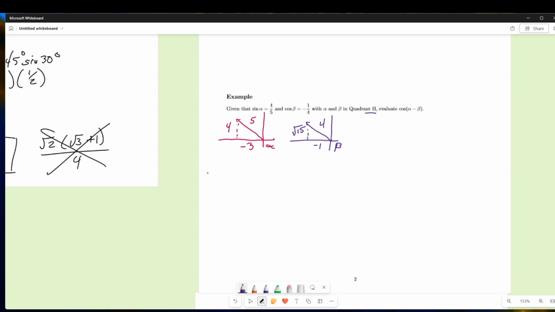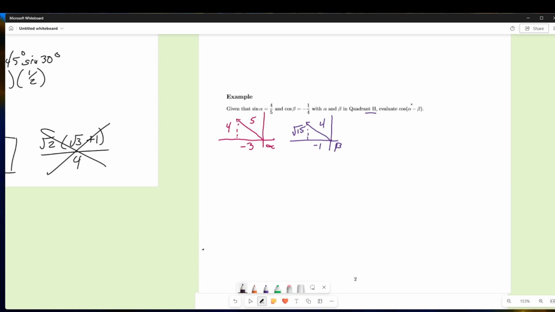So once we have those two pieces, we'll be able to build not only the sine of alpha, but we'll know what the cosine of alpha is. Not only do we know the cosine of beta from this diagram, we know what the sine of beta is, and even the tangent or the cotangent of beta, if we wanted to.